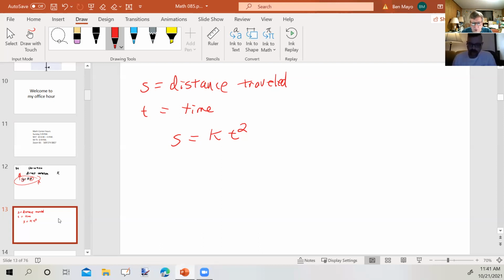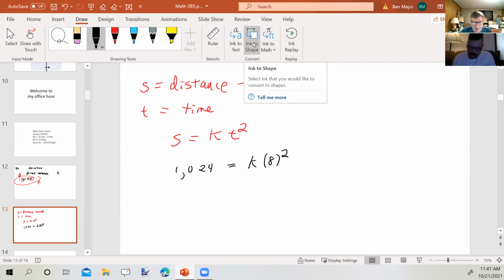Any questions so far? Okay. Now, let's go back and look at it again. An object in free fall travels a distance s that varies directly to the square of the time t. If an object falls 1,024 feet, so that's the distance traveled, in 8 seconds, so the time would be 8, we get the following: 1,024 equals k times 8 squared.